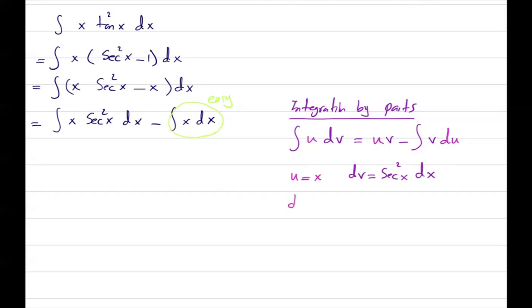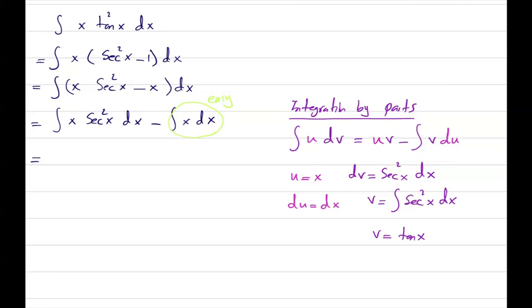With that choice, du is equal to dx and v is equal to the integral of secant squared of x dx. But when it comes to the integral of secant squared, as you remember, it's nothing but tangent. So v is equal to tangent of x. So we have all the missing information.